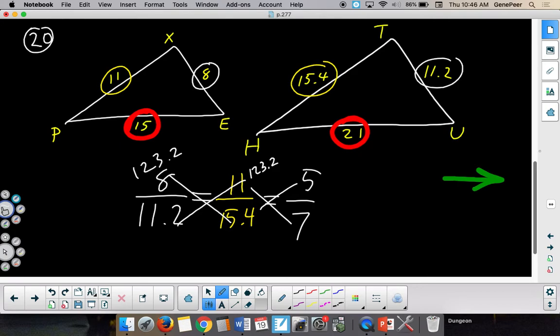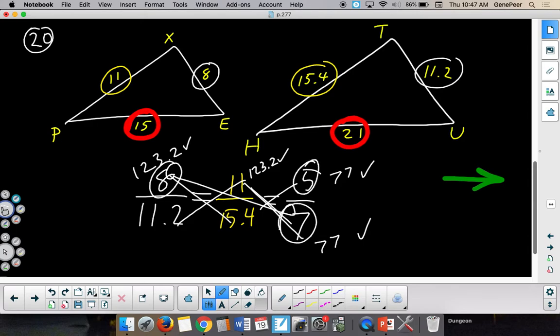Well, 5 times 15.4 is 77. And of course, 7 times 11 is also 77. They check out. Therefore, yes, these sides are proportional. The cross multiplication is checked out. And we know the triangles are similar. By the way, we could have also done 8 times 7 and 5 times 11.2. That would also have worked.